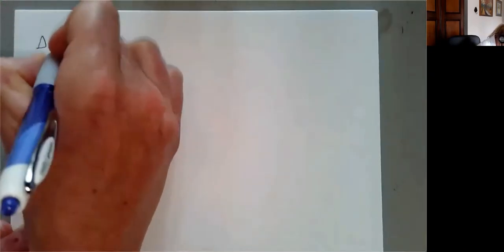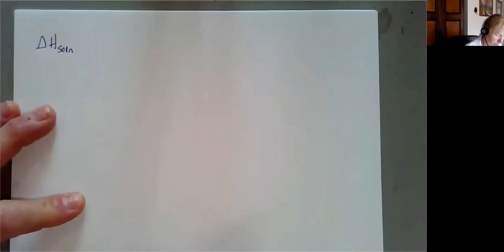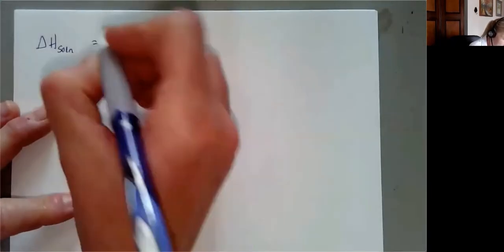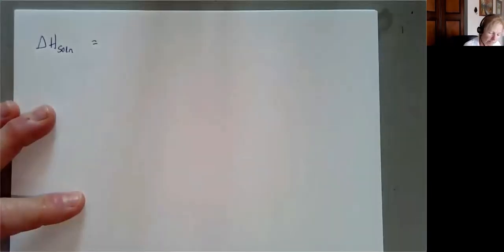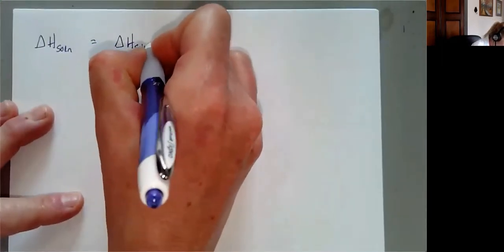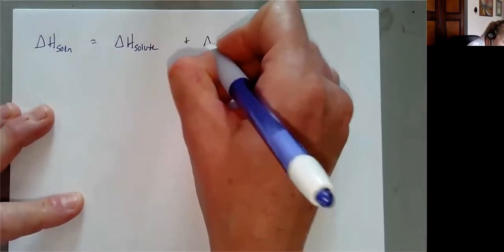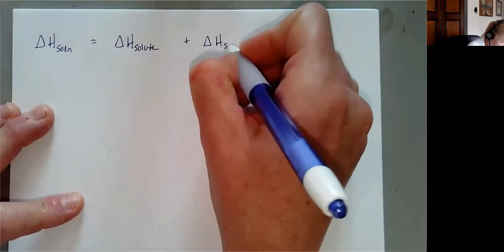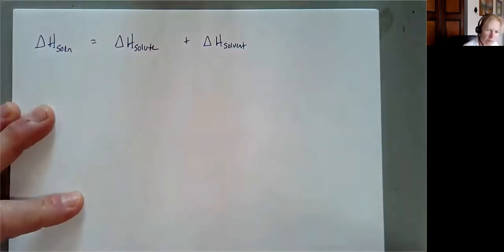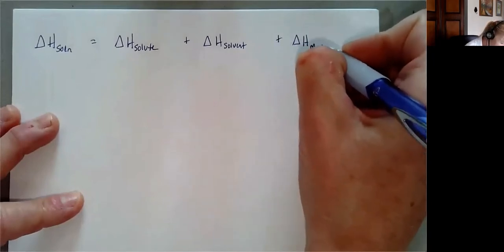We have an equation for this, of course. This equation looks like this. Keep track of all these energies, all these intermolecular forces that I'm having to break or I'm forming. So my delta H of my solution, my overall heat of that solution, is going to equal the amount of energy I have to put in to break the intermolecular forces of the solute, plus the amount of energy that I have to put in to overcome the intermolecular forces for the solvent, plus whatever energy I'm going to get out when I form my solution.